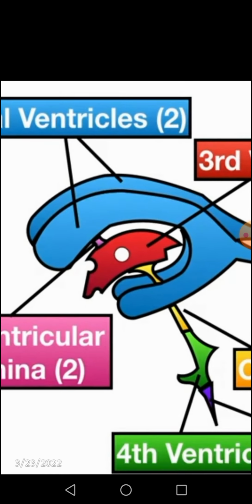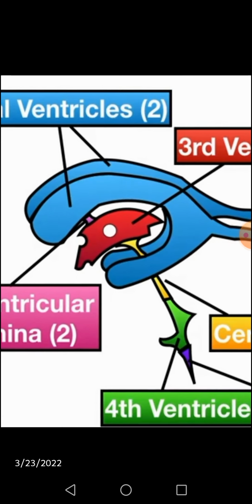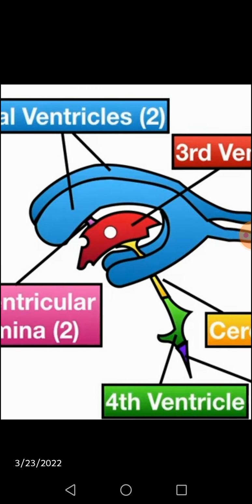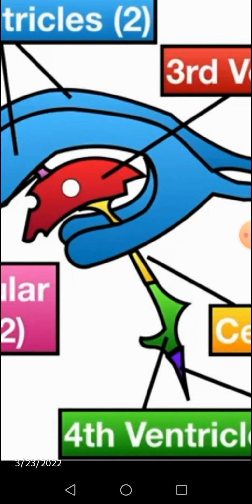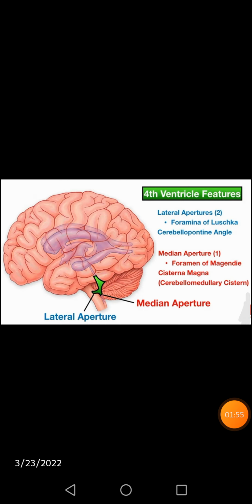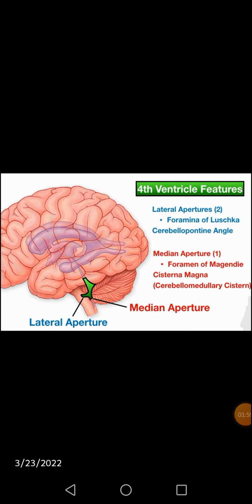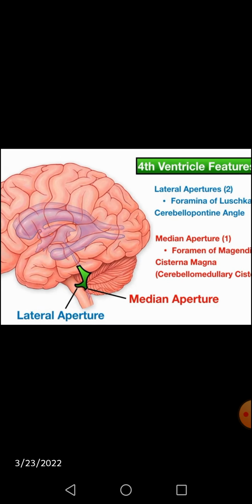Because the CSF that is produced in the lateral ventricles and the third ventricle, and of course in the fourth ventricle as well, through the choroid plexus, now has to enter into the central canal. Now you can see another diagram that shows you the fourth ventricle in detail.